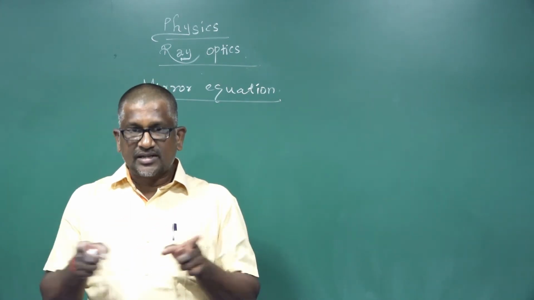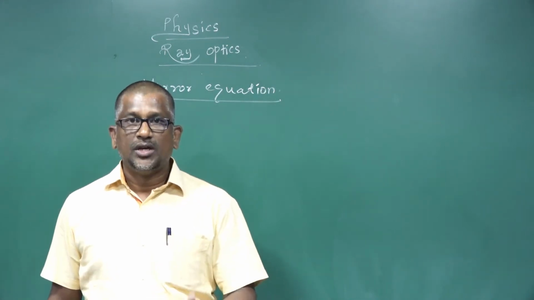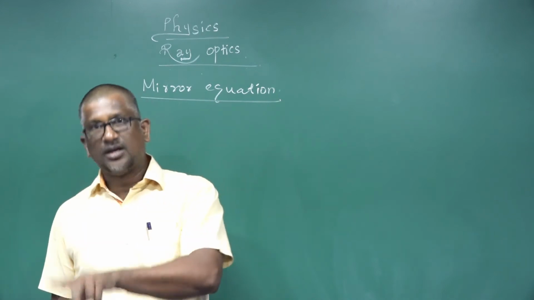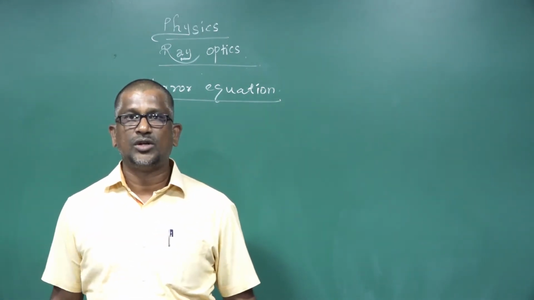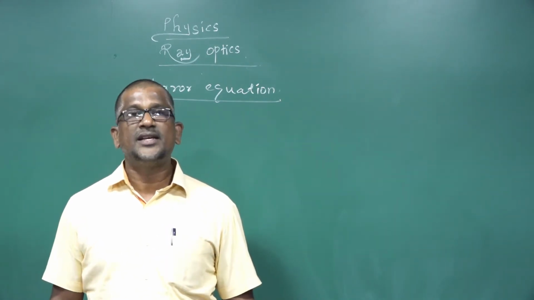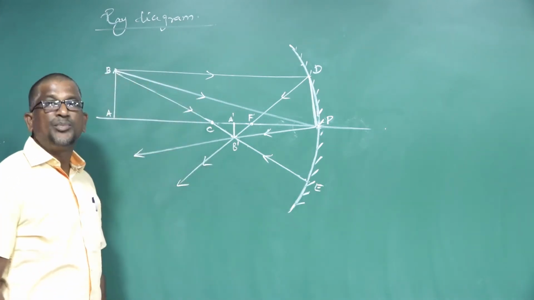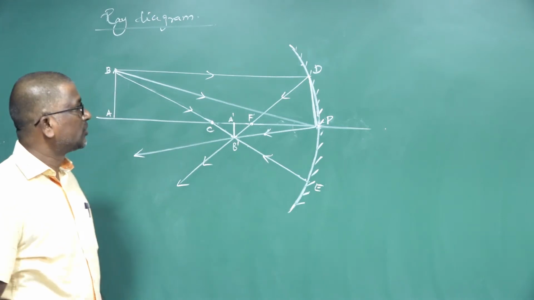The relation connecting these three is known as mirror equation. What is its use? If you know any two values, the other value can be determined by using the mirror equation. To derive the mirror equation, a simple ray diagram is required, right? This is a simple ray diagram to derive a mirror equation.